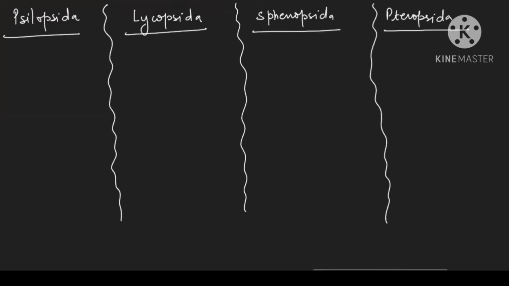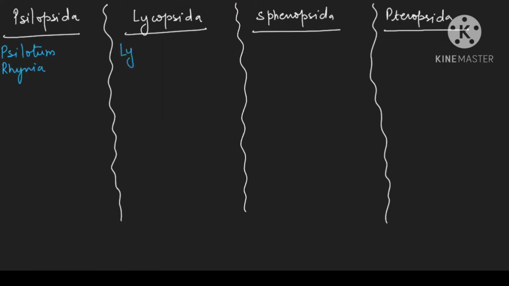Now see, these are the four classes of the pteridophytes written: Psilopsida, Lycopsida, Sphenopsida, and Pteropsida. So first of all, I'll give you the example list so that it will be easy for you to learn. First, you remember here, one is Psilotum, one is Rhynia. Only two examples you have to remember here.